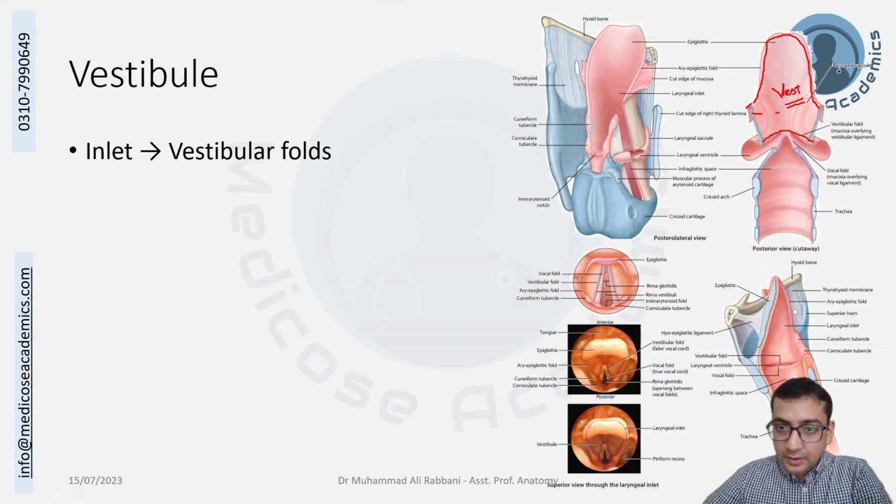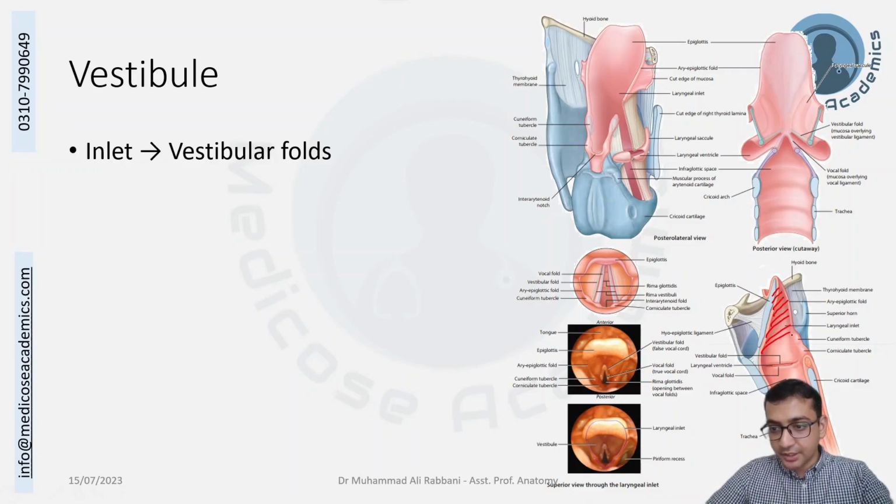The part between the laryngeal inlet and the false vocal cord is the vestibule, and it will include this shaded area. So here, you are actually looking at the vestibule up to this line. Everything above this is the vestibule. You are actually looking through the vestibule.